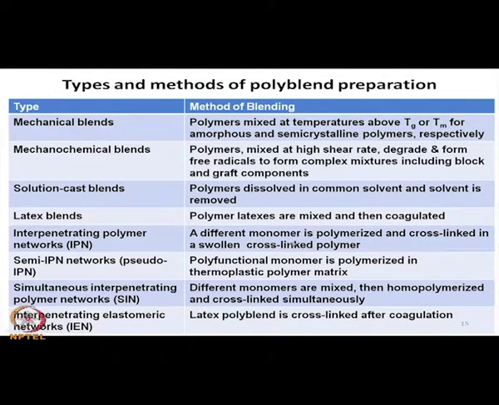Then after swelling of this cross-linked polymer by the monomer of the second polymer, this monomer will be polymerized. So, the polymer of this monomer will be grown inside the cross-linked network of the first polymer.